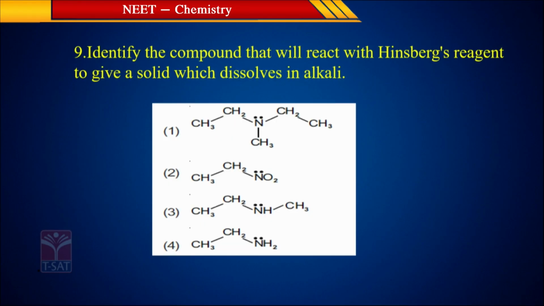And next, coming to: identify the compound that will react with Hinsberg reagent to give a solid which will dissolve in alkali. Generally which will dissolve in alkali, right? A primary amine reacts with Hinsberg reagent like this, that is Cl-S double bond O, benzene sulfonyl chloride.